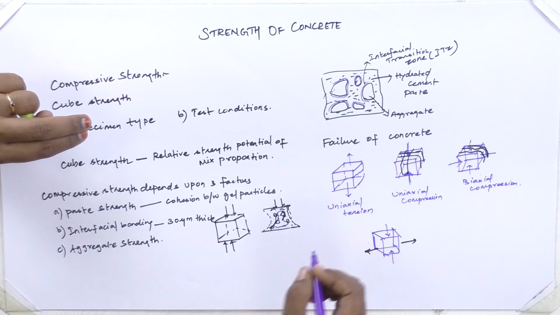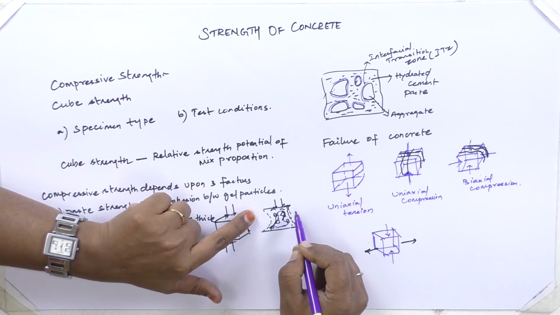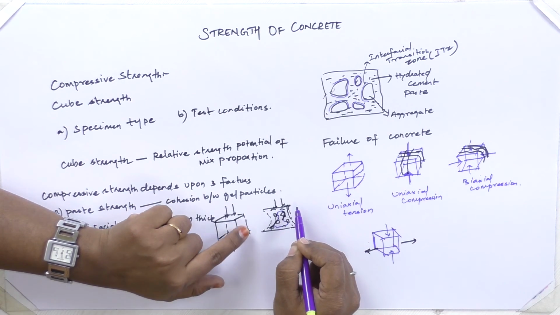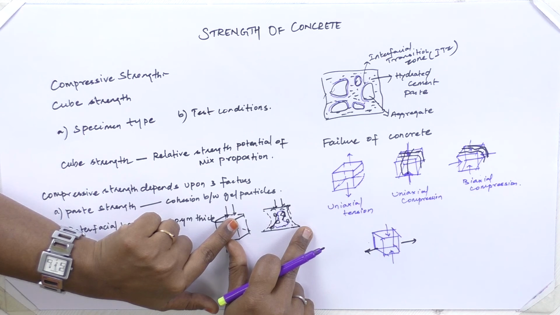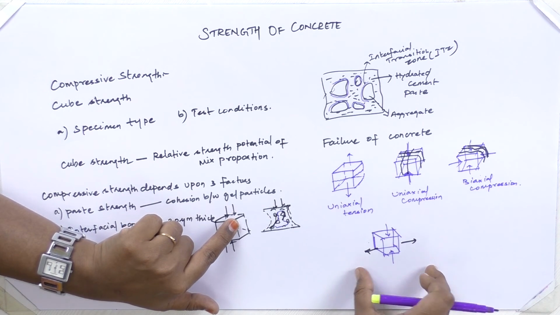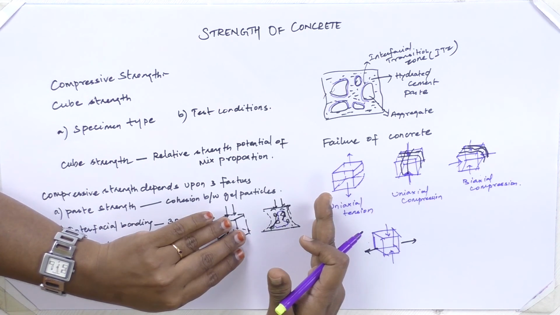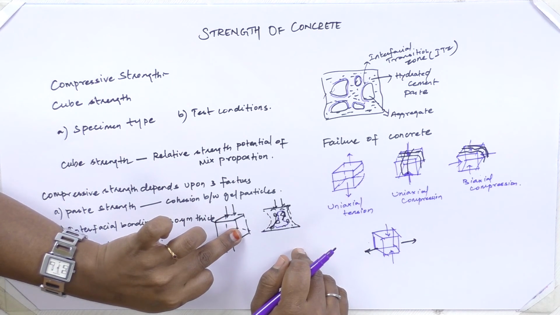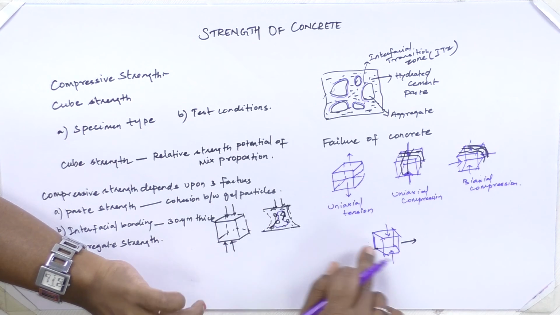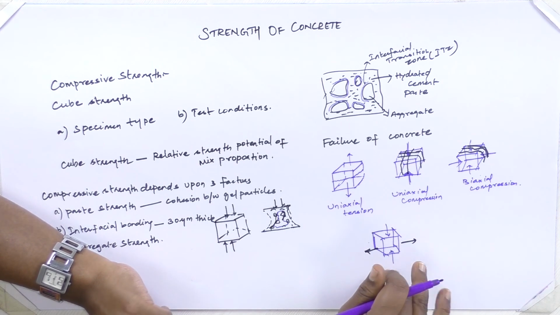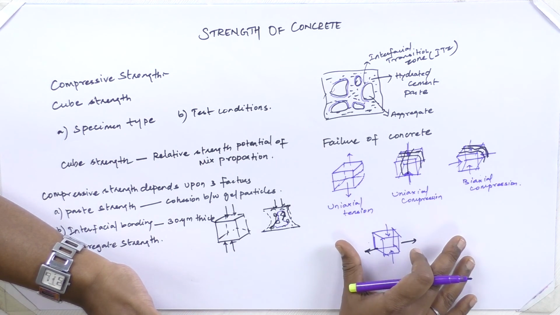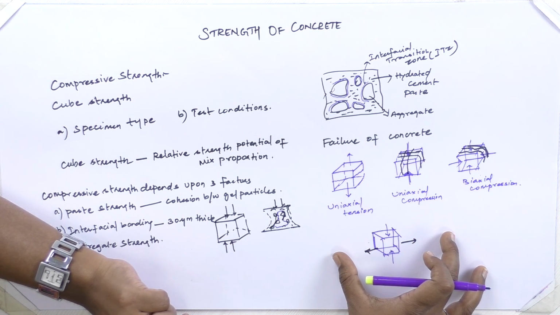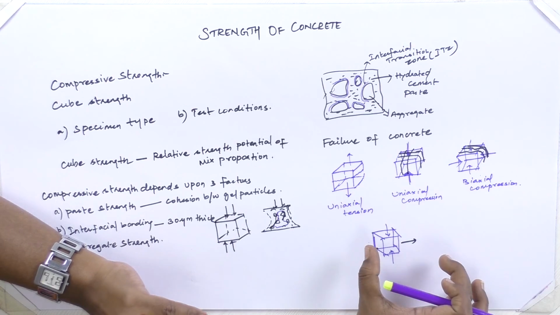Because of this only, I was able to get a concrete failure in this manner. Because of this reason only, the failed concrete specimen which I obtained was in this shape. Even though I am applying a compression load, the failure mechanism is because of the tension in the transverse direction.